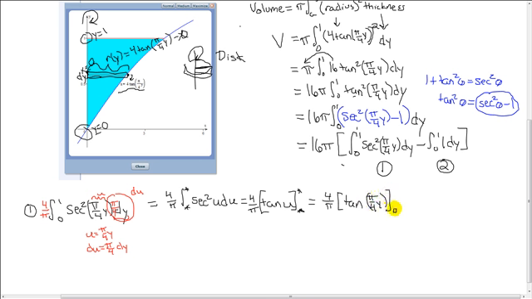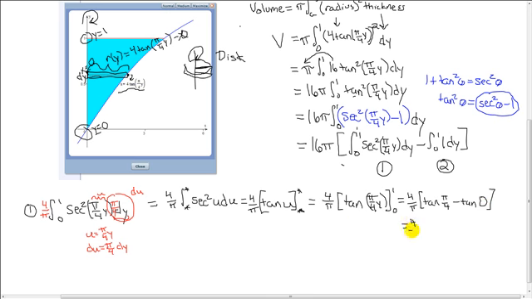The antiderivative is tangent of u, which recall that u is equal to pi over 4y. So tangent of u is equal to tangent of pi over 4y. And that's evaluated from 0 to 1. Now that I've plugged the 1 back in, now I'm putting the 0 and the 1 back in too. Those are our limits of integration in terms of y.